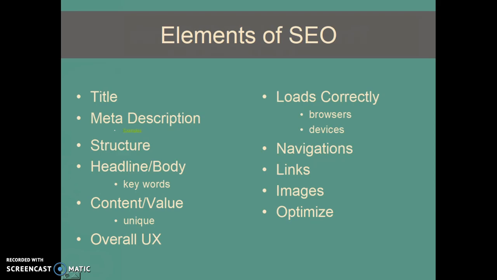So we want to make sure that we're trying to be unique in the way that we're describing things, and also unique value, meaning that, what are we offering the user that they wouldn't be able to get somewhere else. We want to make sure that the information that we have on our page is useful and something that they can take away. Which brings us to the next element here, which is the overall user experience.